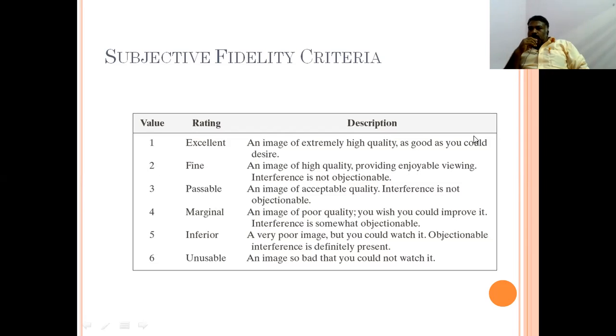Fine, an image of high quality providing enjoyable viewing, where interference is not objectionable. That means less. Possible, marginal, inferior, unusable, so the image is so bad. That is the human observer's subjective fidelity criteria to ensure the compression standard.